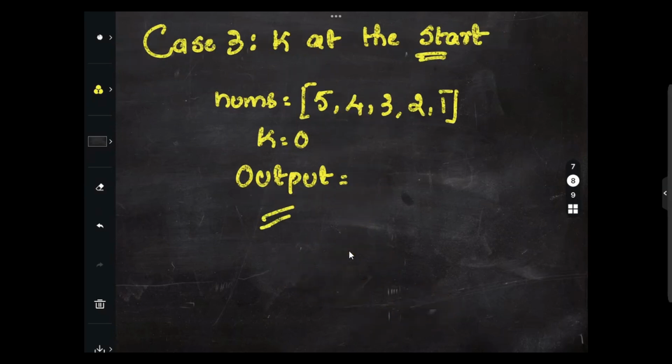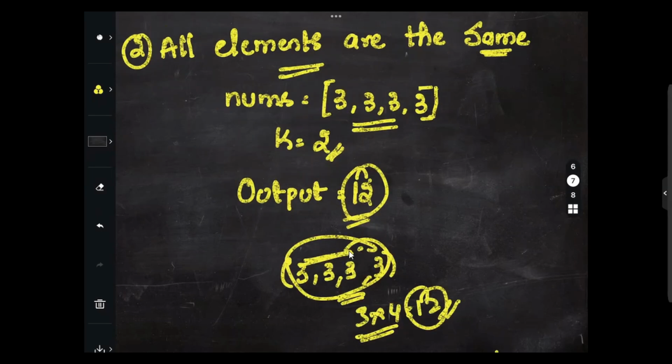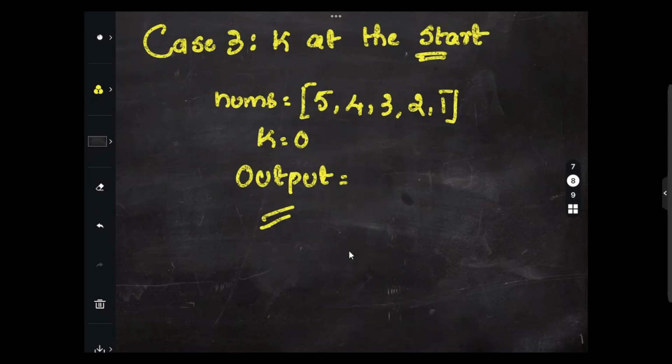Let's move on with case 3 here. K at the start. So here k equals 2 we were having in the previous one. So now we have k equals 0. K at start means k equals 0th index. So output will be 9 here for this. Why the output is 9 here? The best subarray we can go with here is 5, 4, right? So as k equals 0, we have 5, 4.